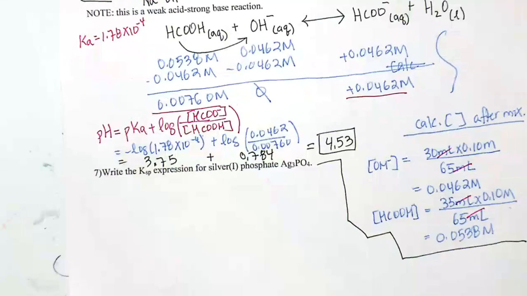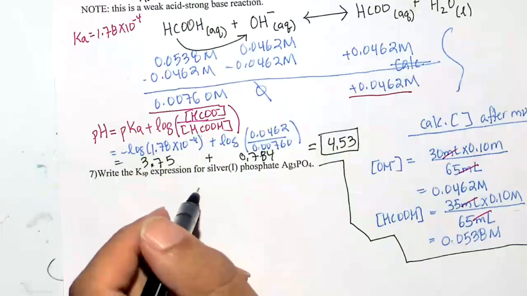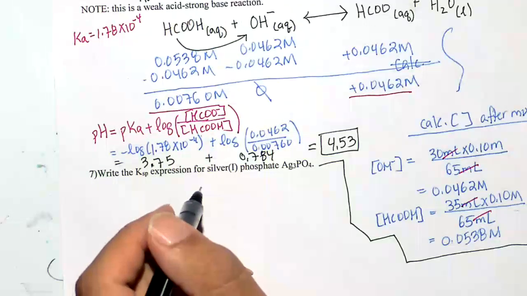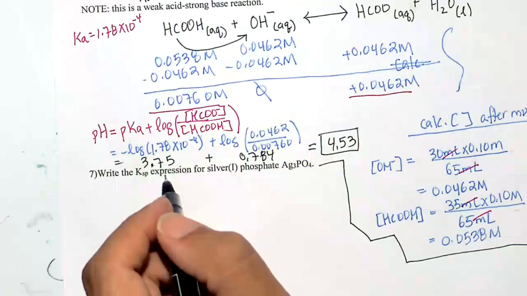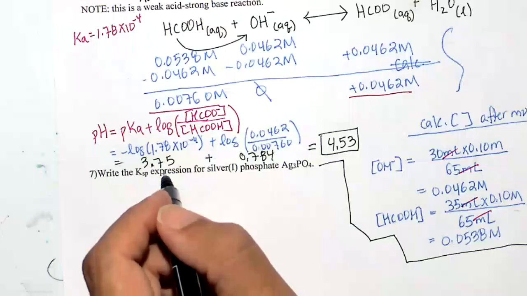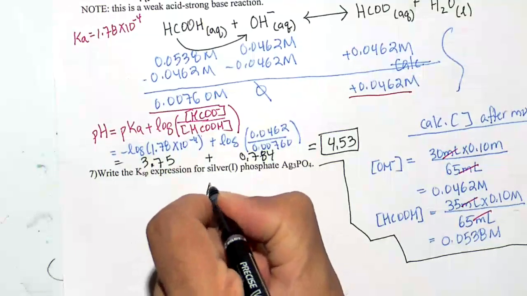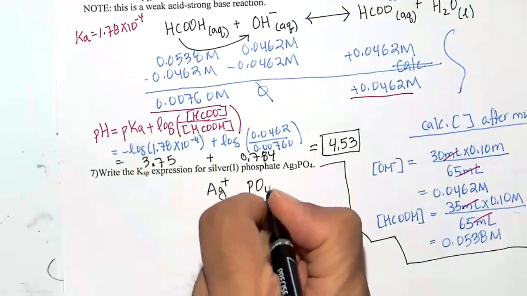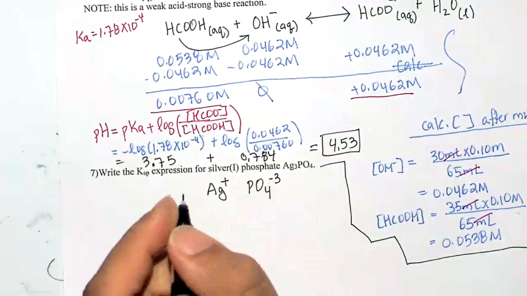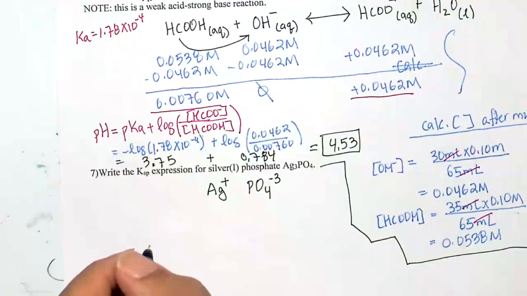All right, now we'll move on to the next topic that we covered, which is chapter 16, and that is KSP. This one is asking us to calculate the KSP expression for silver phosphate. Silver phosphate is nothing more than silver ions plus 1, and phosphate, if you remember from Gen Chem 1, is minus 3.